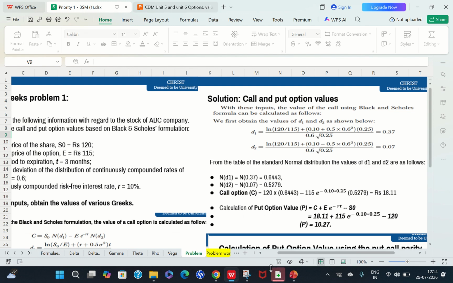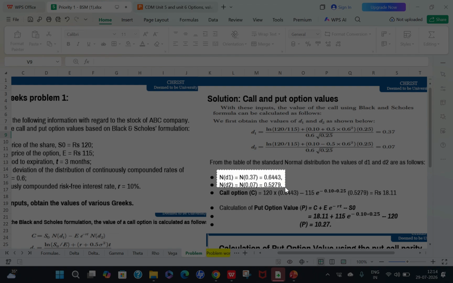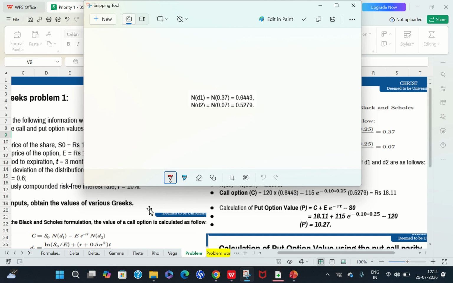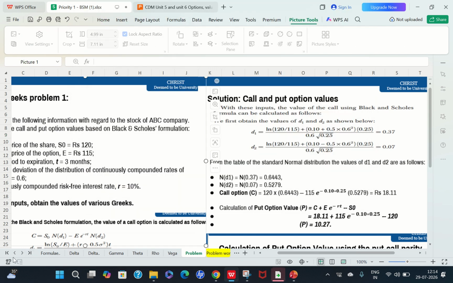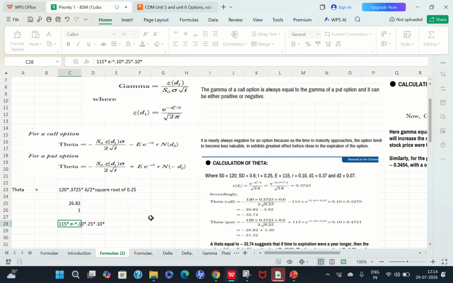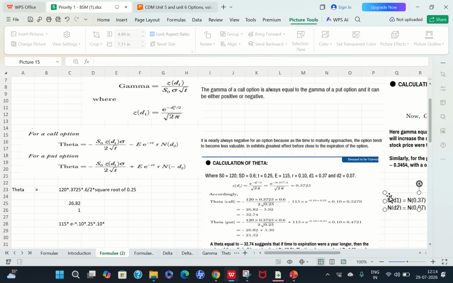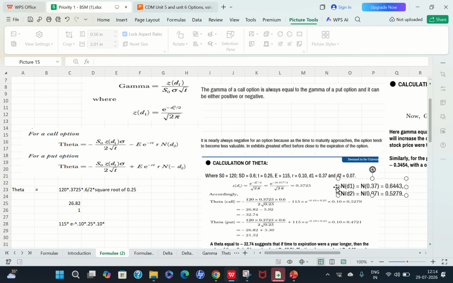You have to be very careful in copying the values. So here are the values. I'm just incorporating it here.